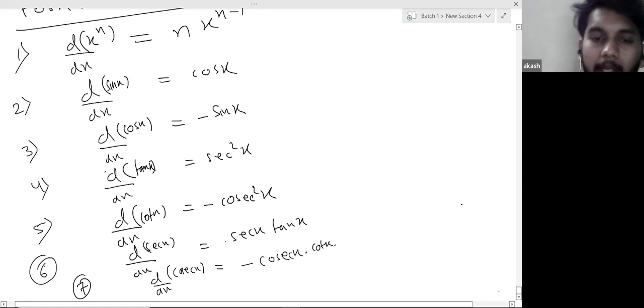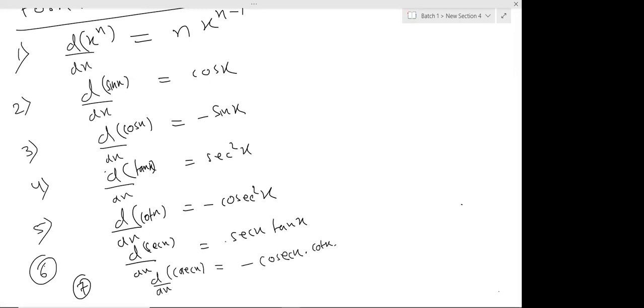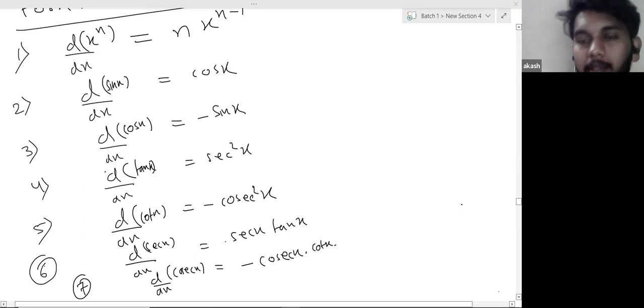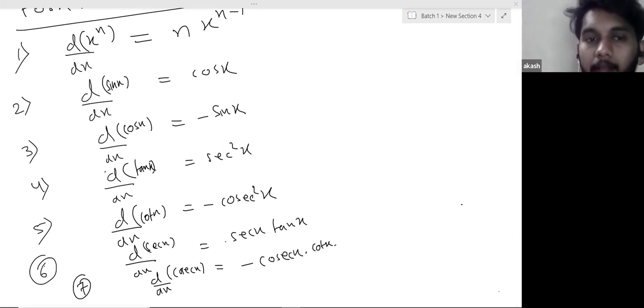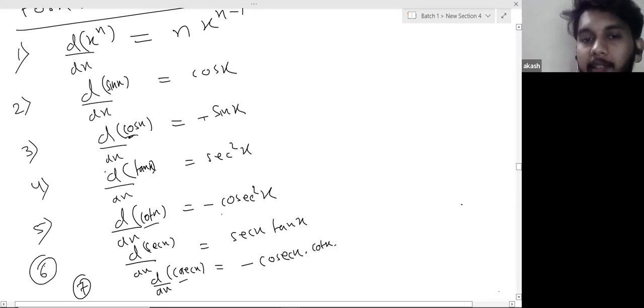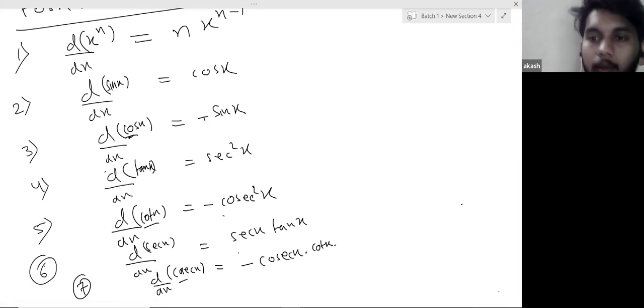This you have to remember, all right? There is no other way. And if you have any issues in remembering which is negative, wherever you see the co first, cos, cot, cosec will have negative answers. Differentiation of cos x, cot x, cosec x are all negative. Rest of the functions are positive. All right, note it down.